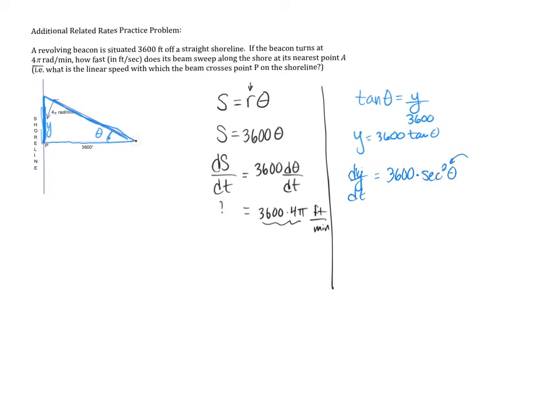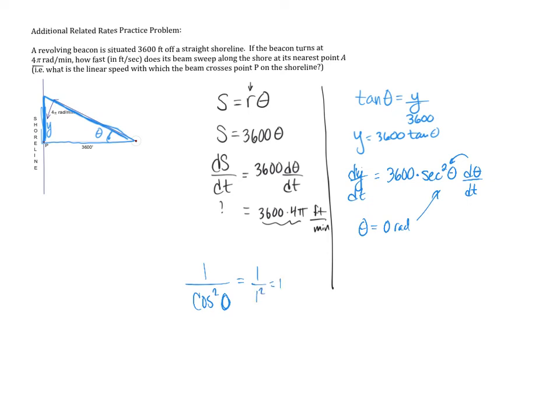Now we have to use the chain rule, d theta dt. At this instant, we have theta equals 0 radians, so we're going to plug that in there. And of course, the secant is the reciprocal of the cosine, so the secant squared is the reciprocal of cosine squared. So we're talking about 1 over the cosine squared of 0, which is 1 over 1 squared, which is 1.